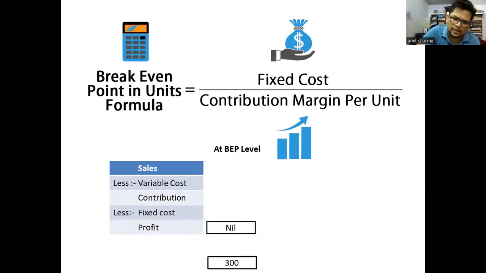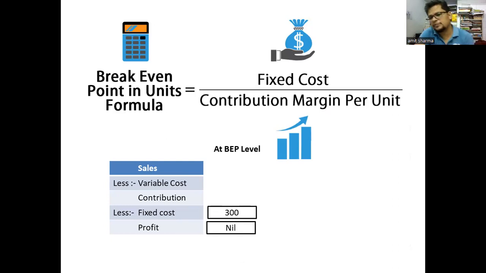If there is no profit, and we already know that the fixed cost was 300 when we did the previous example, then the contribution will be 300 also, because if the contribution exceeds this limit, then the result will come in the form of profit.